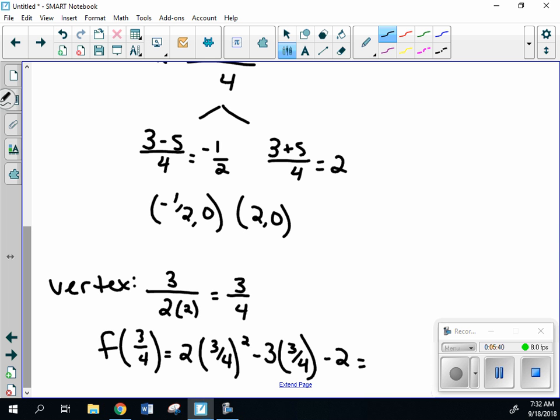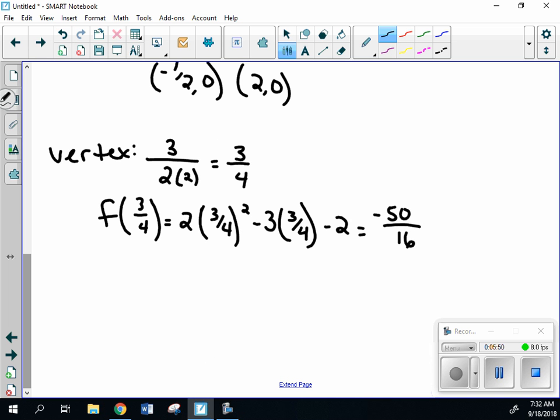If you plug that in, it'd be negative 25 over 16. Not a nice number to graph with, but it is what it is. So our vertex is located at 3/4, negative 25 over 16. If you're curious about decimals, sometimes it's a little bit easier to understand.